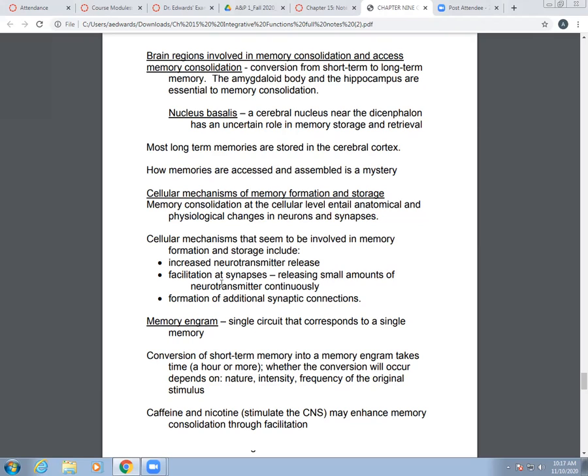That provides facilitation, and formation of more synaptic connections. Okay, so as you're learning, you're growing, you're studying, you're actually involved in increasing neurotransmitter release. You're facilitating synapses. You're actually forming new synaptic connections to help you remember stuff.